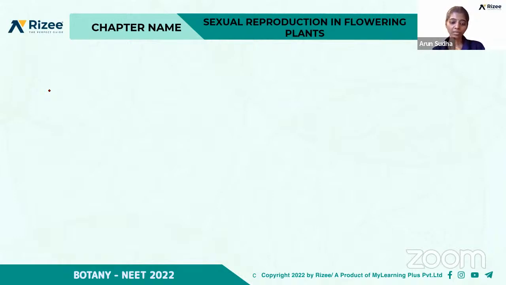So the first question: the science of cultivation, breeding, and arrangement of the flower is called arboriculture, floriculture, horticulture, or anthology. So what will be the correct answer here? The science of cultivation, breeding, and arrangement of the flowers is called floriculture actually.